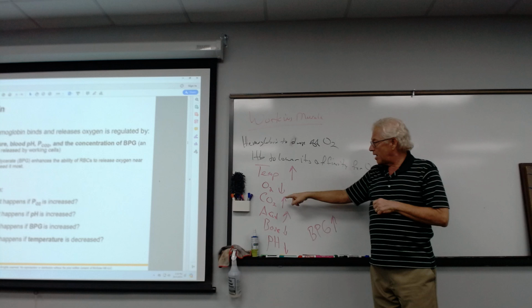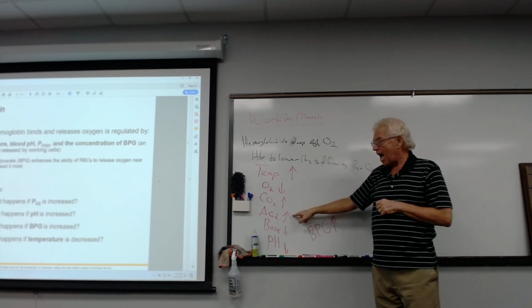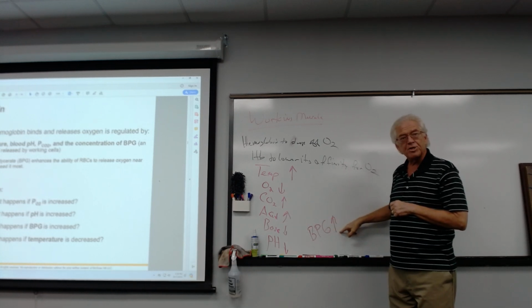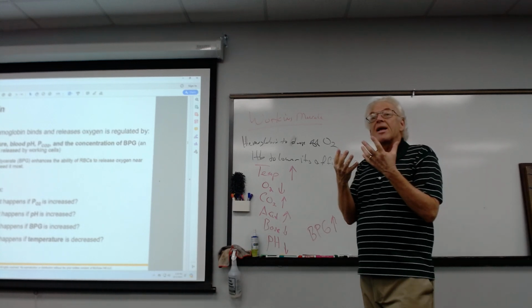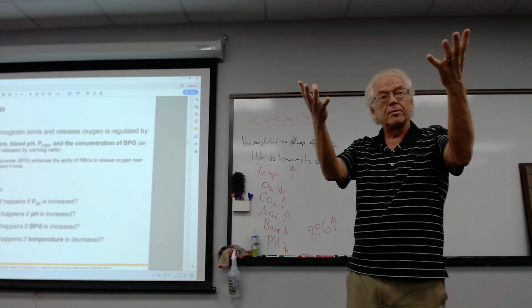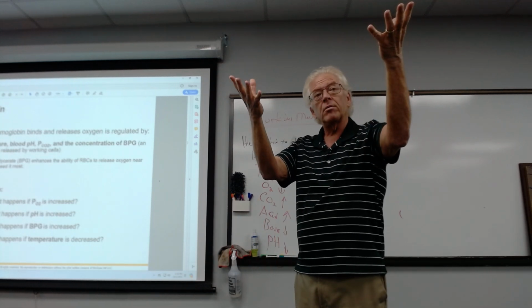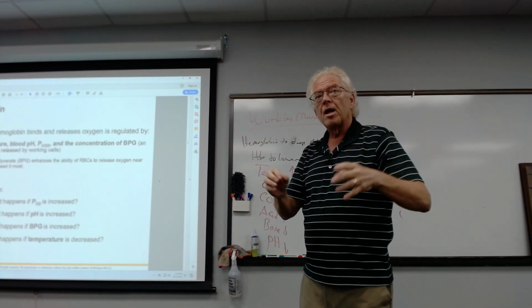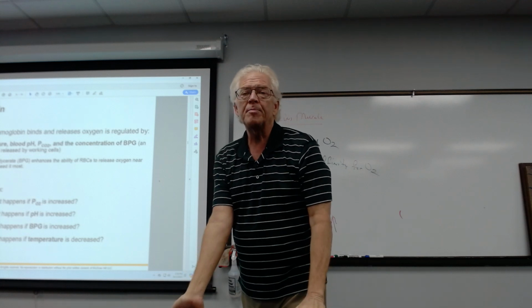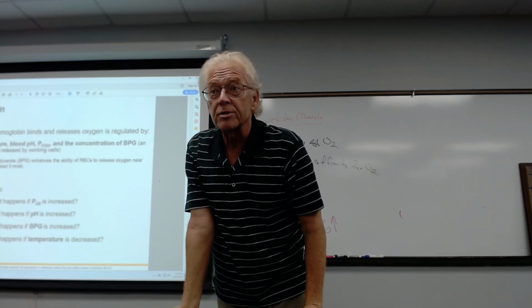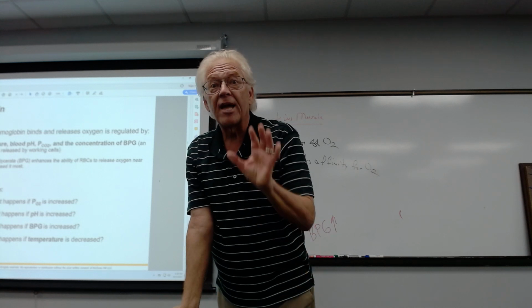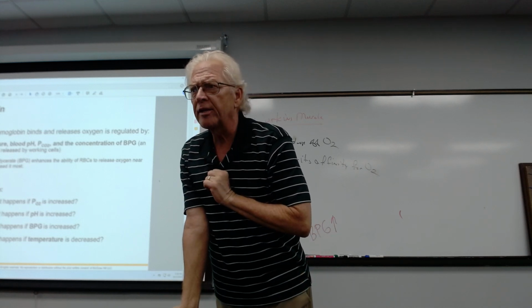Heat, high CO2, high acid, high BPG, those are the chemical situations that simply make oxygen jump, because the hemoglobin says, I don't want you anymore. Okay? Does it require any ATP energy on the part of the red blood cell or your tissues? No. It's happening, what, extrinsically or intrinsically?